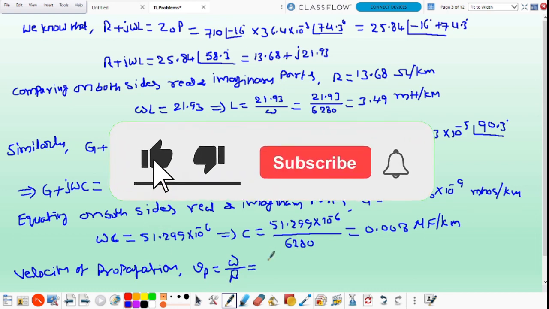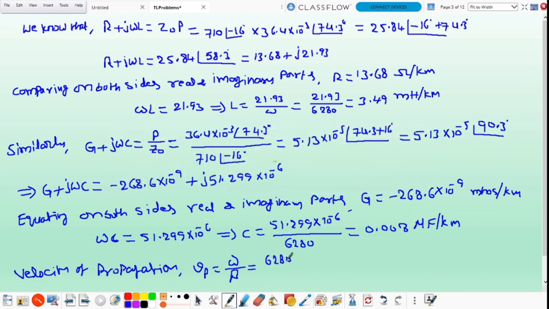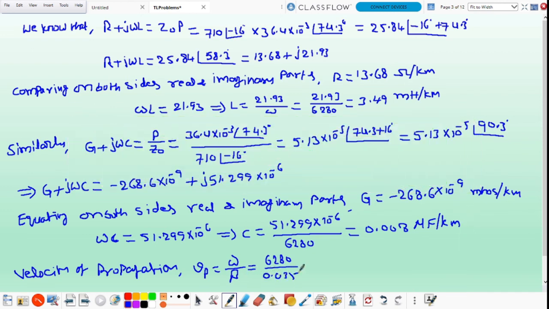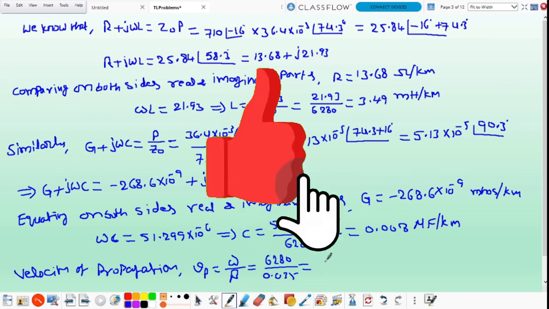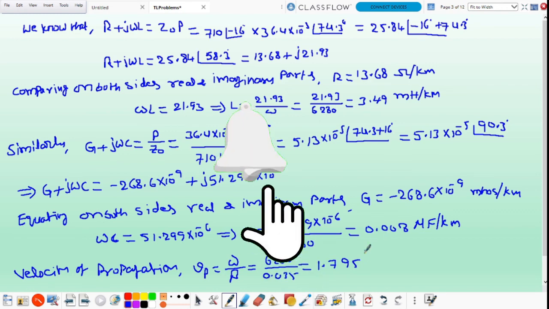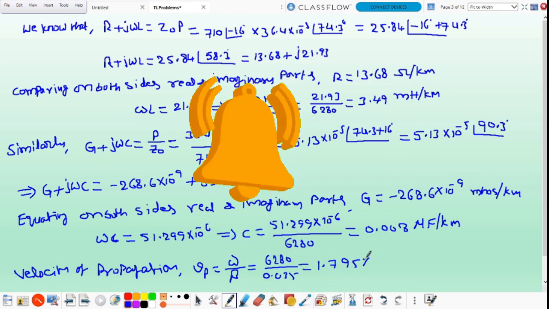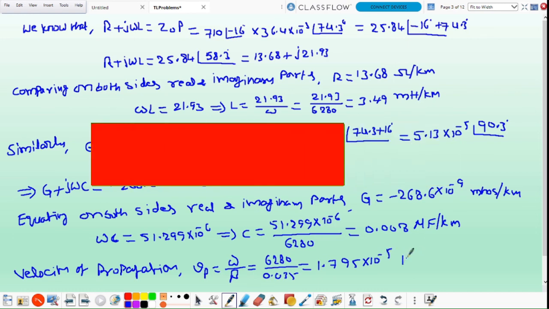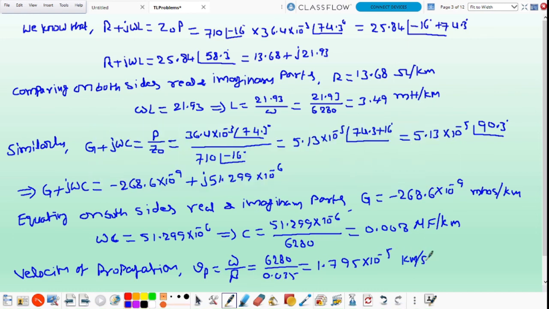The angular frequency value is already calculated, that is 6280, divided by the given phase shift constant beta, which is 0.035. Simplifying this value we get 1.795 into 10 to the power of 5 kilometer per second. So this is the explanation of the given data.